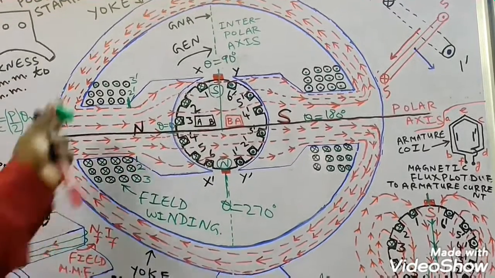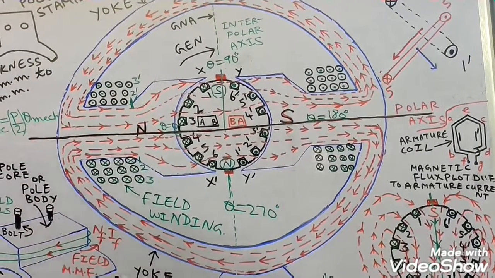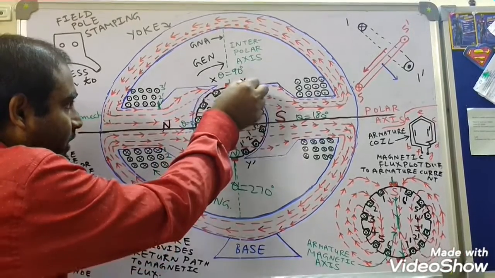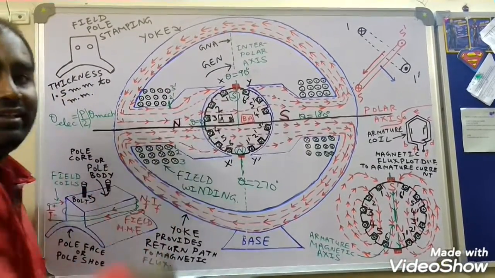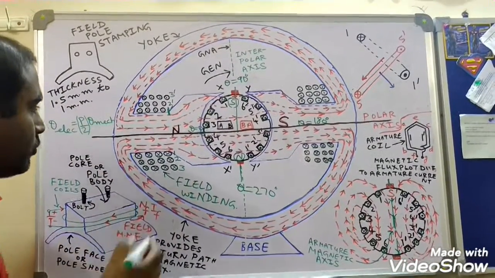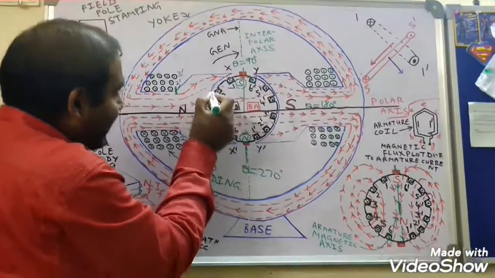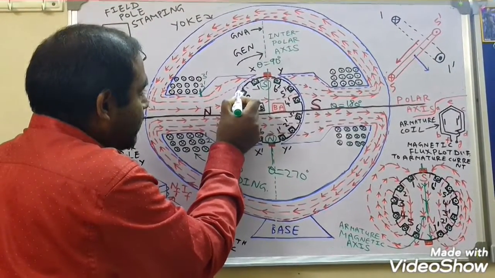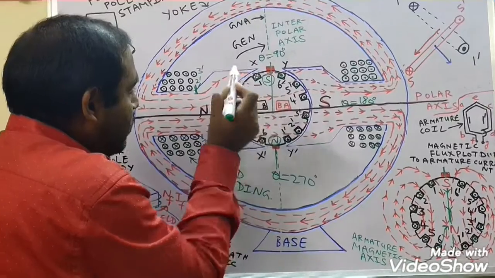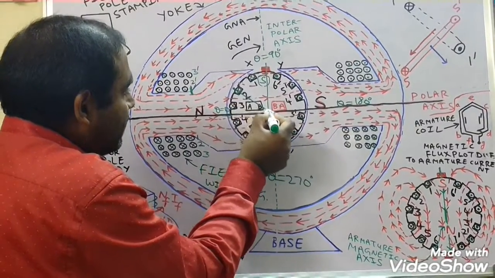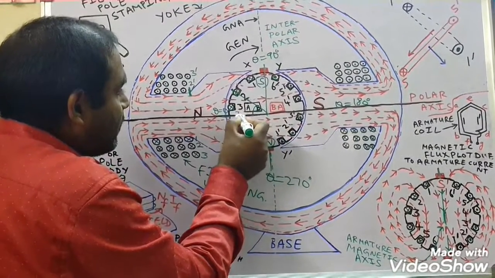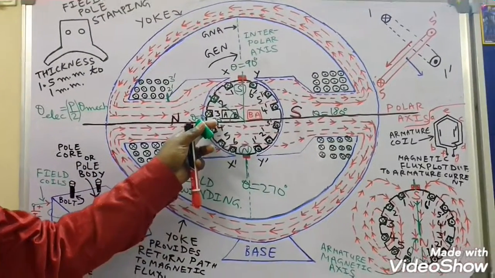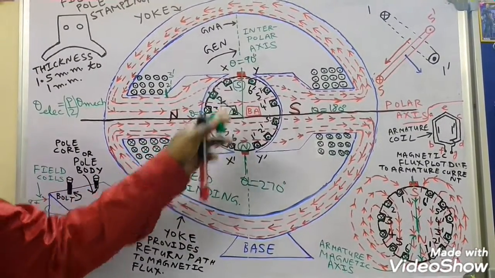So you see, by just defining a reference line, we are able to locate any point along the air gap periphery by just the value of angle theta. Say if you want to identify this point, how to identify this point? This will be theta equals to say 30 degree, because it is at an angular distance of 30 degree from the reference axis.